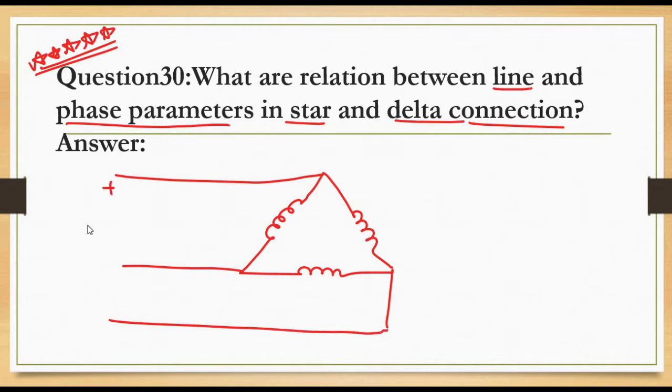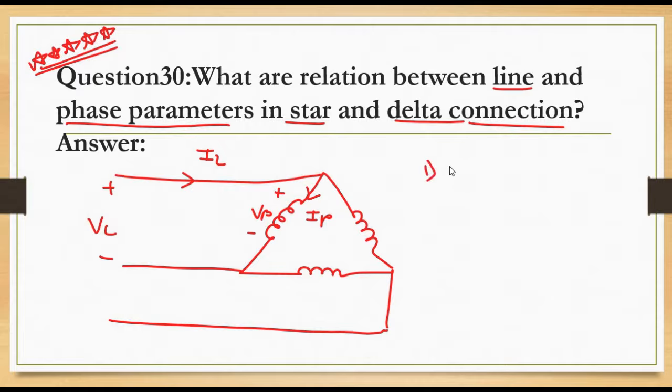This will be our line voltage and this will be phase voltage. Similarly, this will be the line current and current flowing in this will be our phase current.